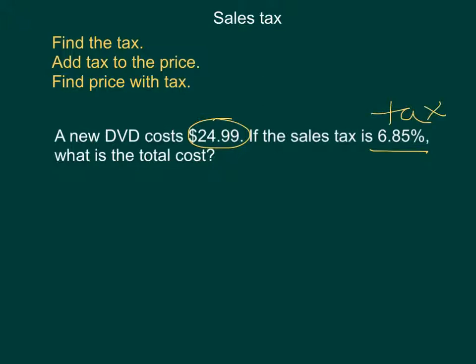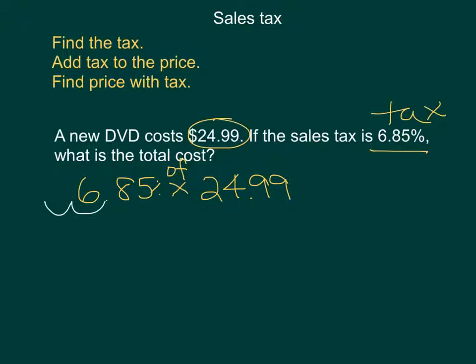So you then take the tax, the 6.85%, and you multiply that by your total, because it's 6.85% of the $24.99. And we know that the word "of" means multiply. But we're not able to multiply percents. We have to change that into a decimal first. So to do that, you move your decimal point 2 places to the left.